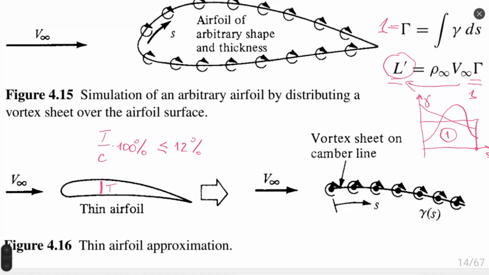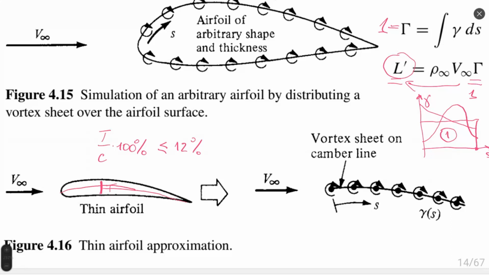Thin airfoil theory has the following assumption: the upper and lower line of the airfoil is absolutely the same line, and is described by a middle line between top and bottom.